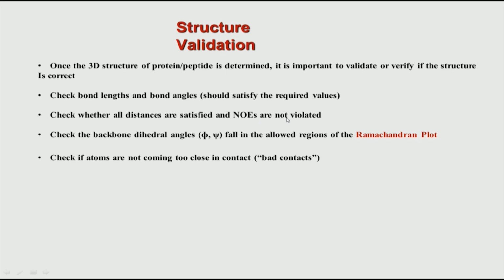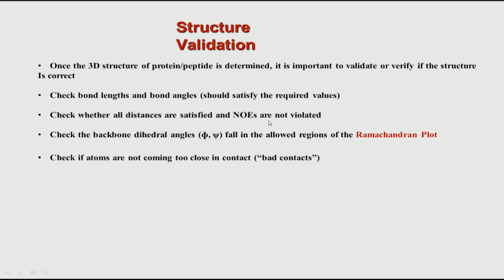Let us say between two atoms A and B I have given a distance of 5.5, but in the real structure it is coming to 7.5. What it means is that the limit should be 5.5, but it is not being satisfied. In that case we call it a violation, and that is a very big violation. For example, 5.5 to 7.5 is a 2 Angstrom violation, which is huge, and that should not have happened.